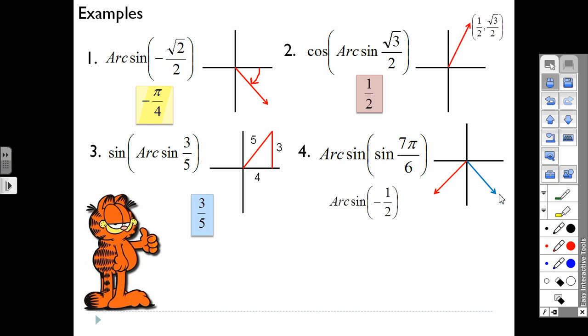And when we look at that, going from 0 down to this in the negative direction, that's going to be negative pi over 6. So you've got to be careful when they have the arc first, and it looks like they cancel each other out, because sometimes this angle is in the wrong quadrant. You can't use it, so you can't just cancel these out and say it's 7 pi over 6.